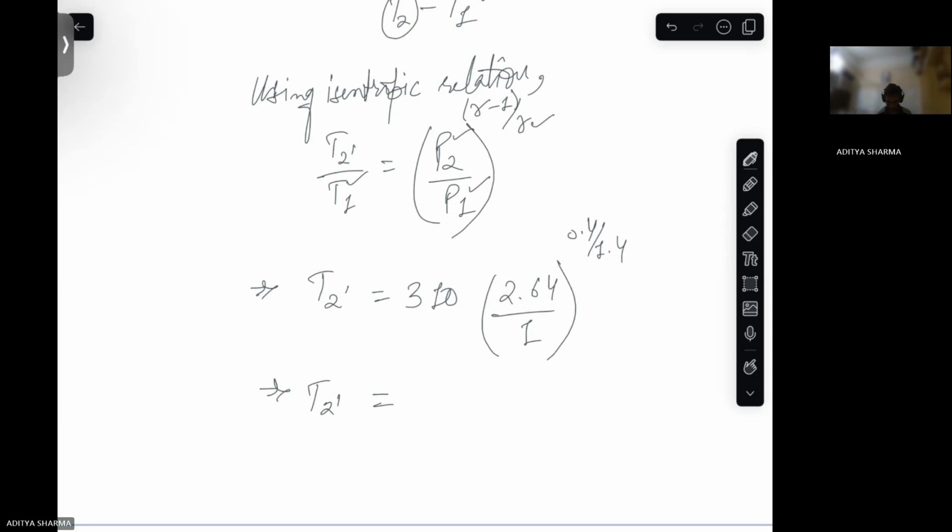If you solve this, please solve this. This is coming out to be 409.09 Kelvin.